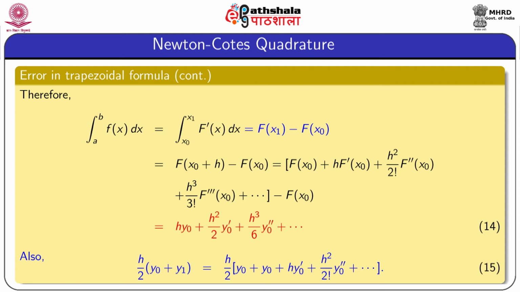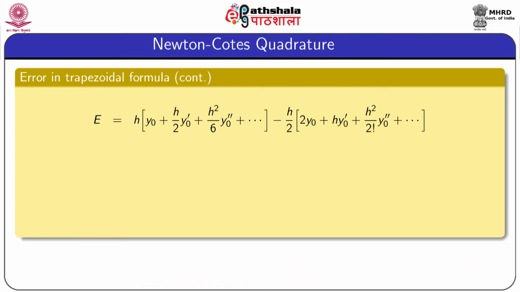Also, by Taylor series expansion, we get the value of h by 2 into (y0 plus y1), and the approximate value, or the Taylor series expansion of this expression, is given by equation 15. Now, the difference between equations 14 and 15 gives the error.